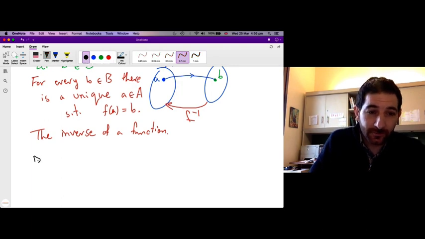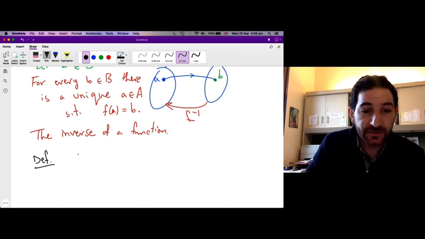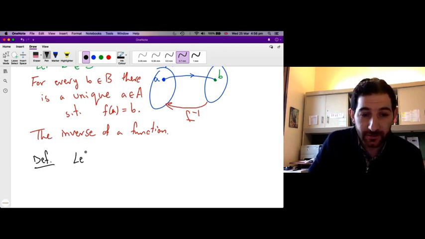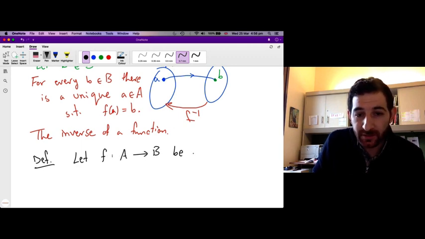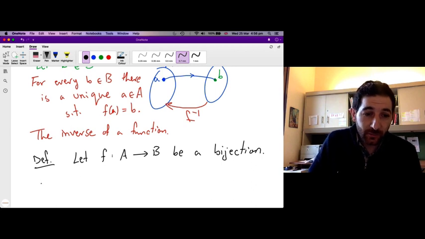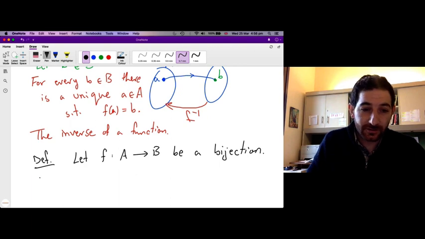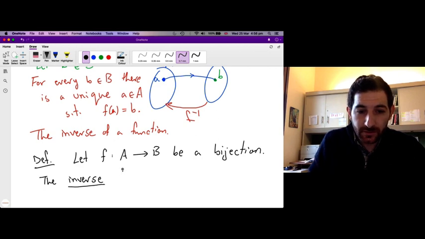So this is the definition. Again, inverses of functions exist only for bijections. So let f from A to B be a bijection. So this means it's injective and surjective. Now we want to define what is the inverse of f. It's another function. So the inverse is a function denoted by f inverse.